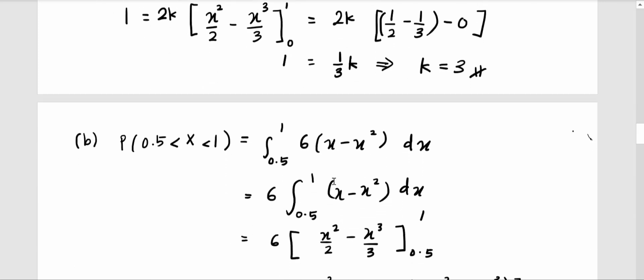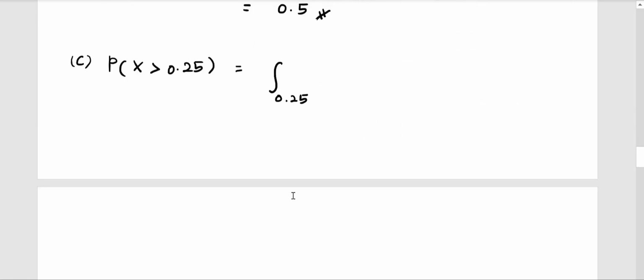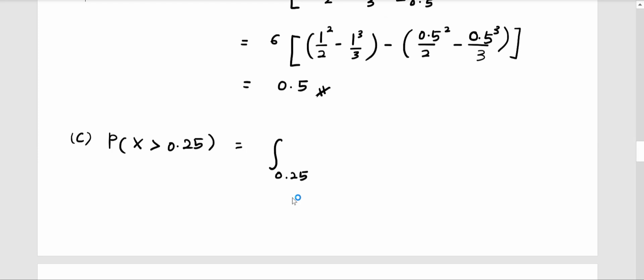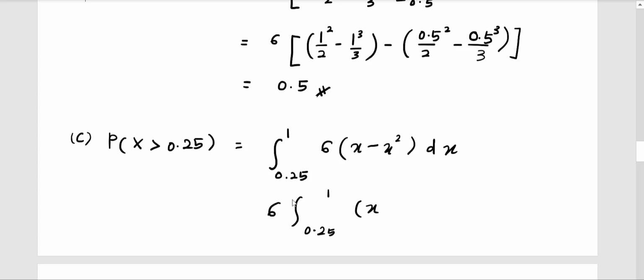So from 0.25 to 1. Our function is 6 times x minus x squared. Again, 6 is a constant, so we just integrate the variables, x minus x squared dx.